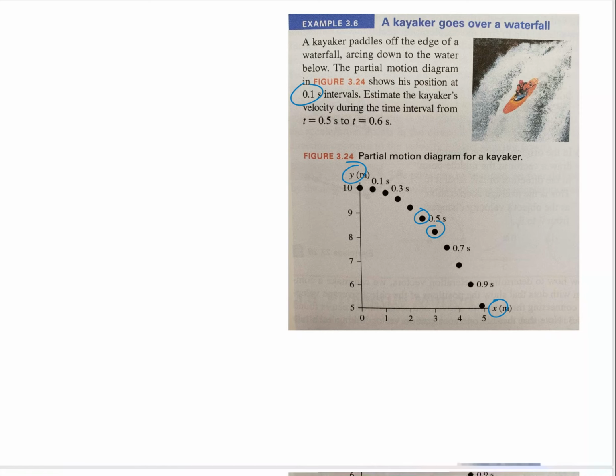So 0.5 seconds is about 2.5. 0.6 seconds is about 3. Okay, so if I extend this down, try to make it as vertical as I can, and this one also. This is what you're saying, right? Yeah. And if I do the same over here, that's pretty close. And then this one over here.